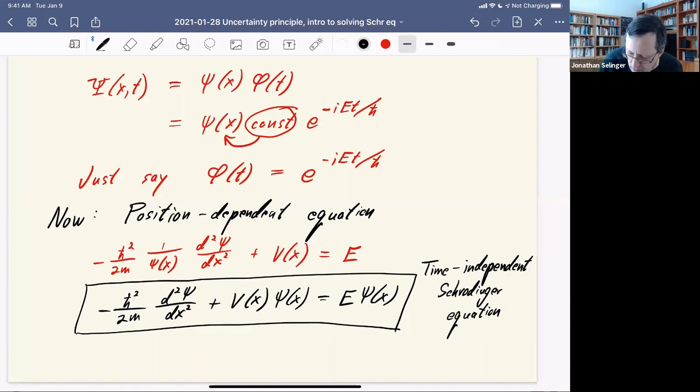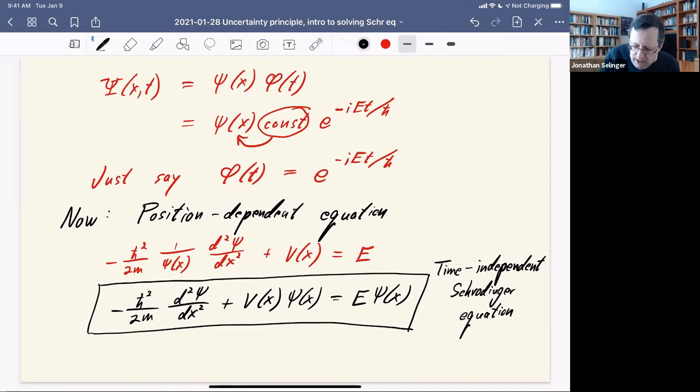Okay, so let's concentrate first on the first term over there. Okay, what I want to show you is that this term is related to the momentum operator that we were talking about in the last class.